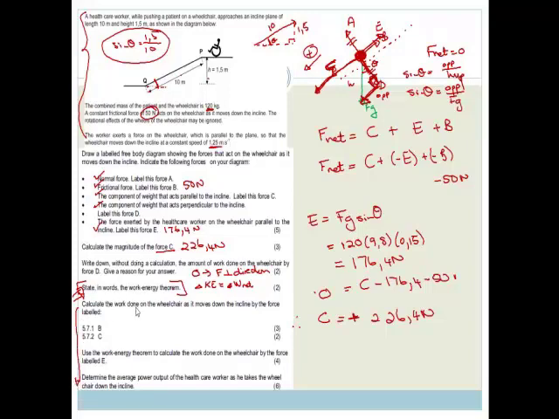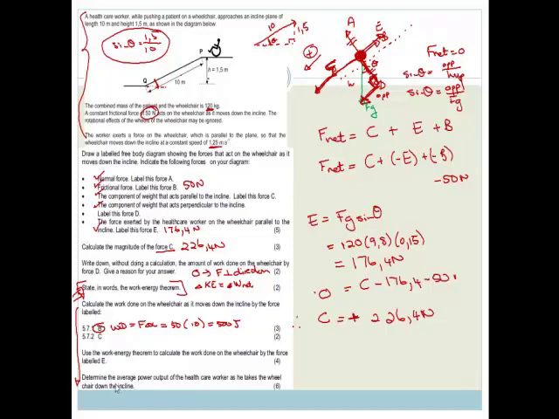Now it says calculate the work done on the wheelchair as it moves down the incline by the force labeled B. So they only want the work done by the force labeled B. So work done is equal to F delta x, and B happens to be parallel to the surface, so it's going to be your 50 times the 10 meters, which is 500 joules.